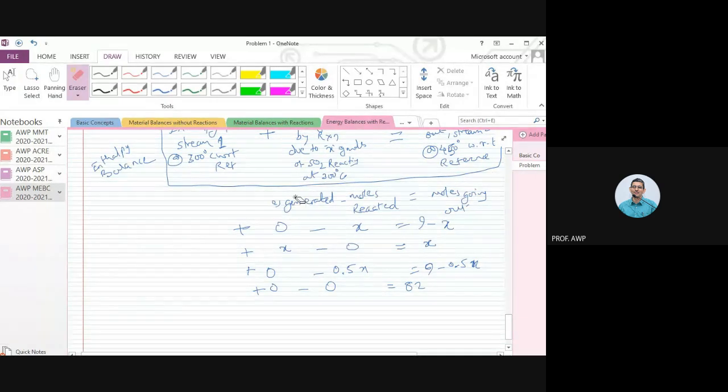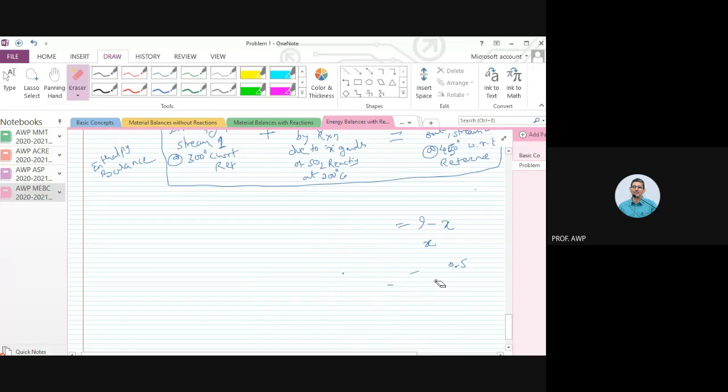Right? So now all I have to do is find the enthalpy of stream 1 with respect to the reference of 0 at 25 degrees centigrade. What does stream 1 contain?